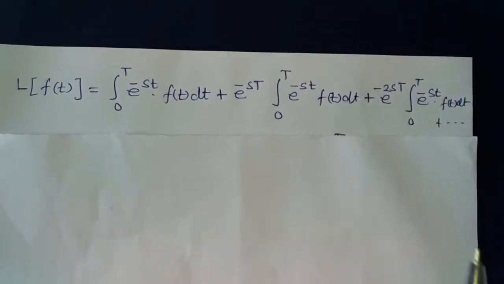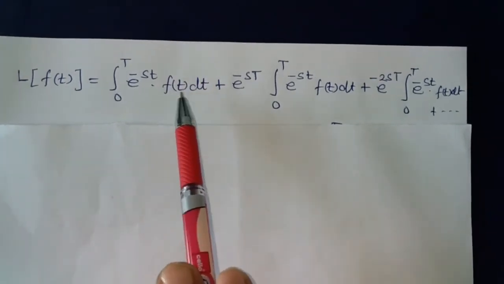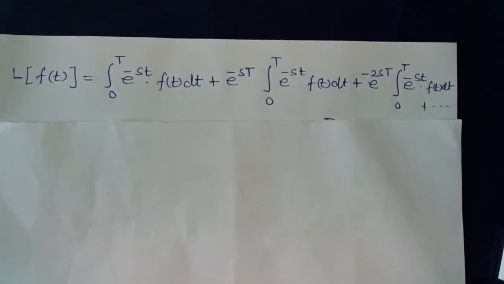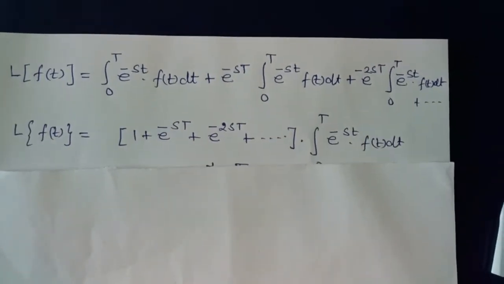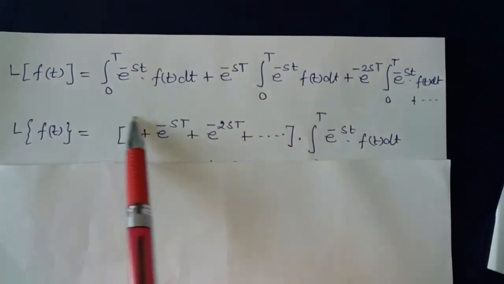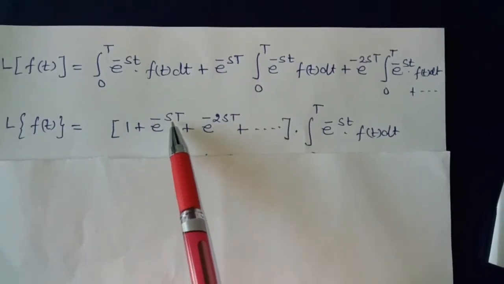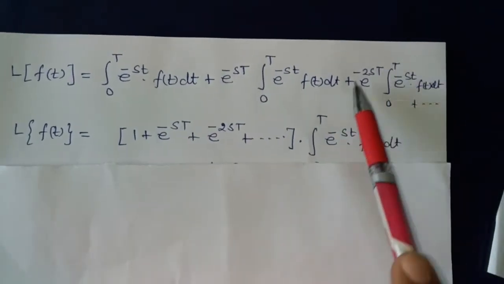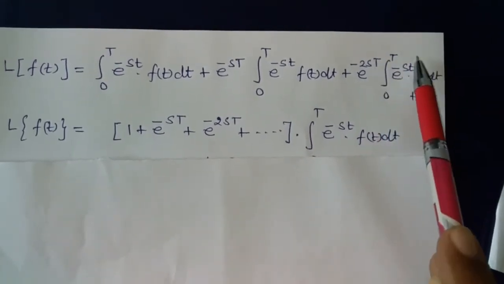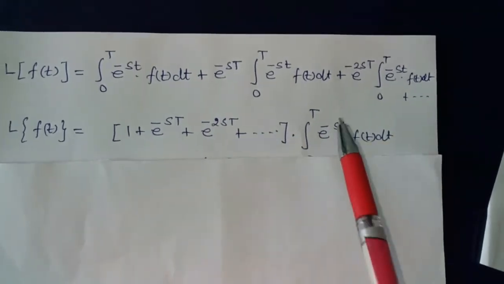So we replace the variable of integral in the second, third, and fourth integral, u by t, and we get this result. Now this integral from 0 to T of e raised to minus st f(t) dt is common in all the terms. So we take it common and we get the Laplace transform of f(t). Here we have 1, because this whole integral is common, and then the remainder is e raised to minus sT. From the next term we take the integral common, so we have e raised to minus 2sT plus so on.